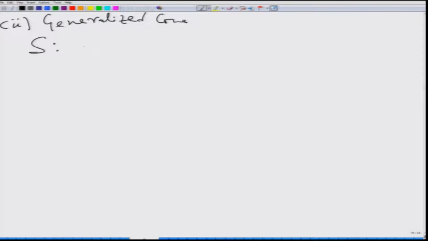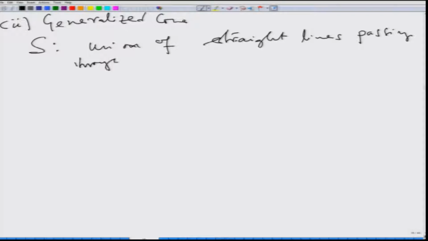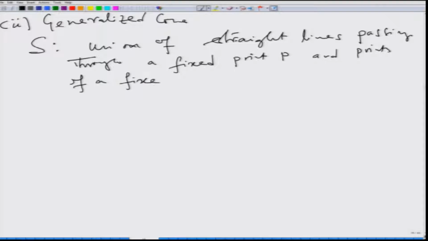So, this is a surface S, the union of straight lines passing through a fixed point P and points of a fixed curve gamma, which is a regular, smooth curve.